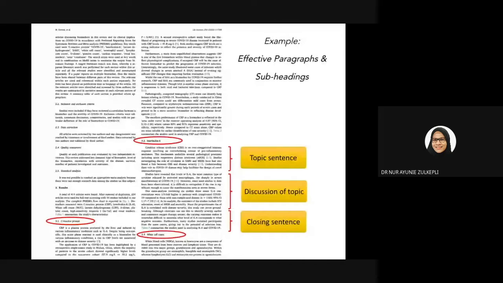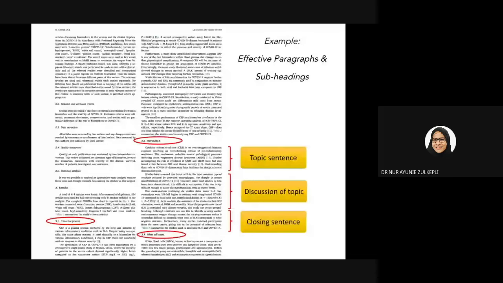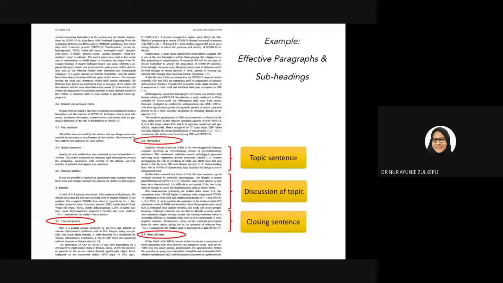Because in order for your reviewer or your supervisor to understand what you are actually explaining in your literature review, you need to have this clear structure to be able to generate a very good paragraph.